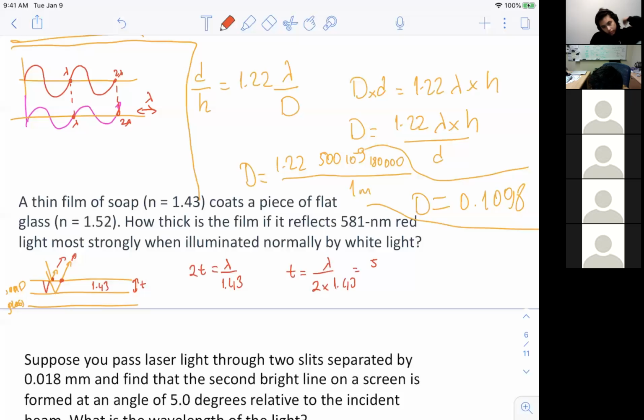Lambda is 581 nanometers, right? And divided by 2 times 1.43. So it's going to be 203 nanometers.